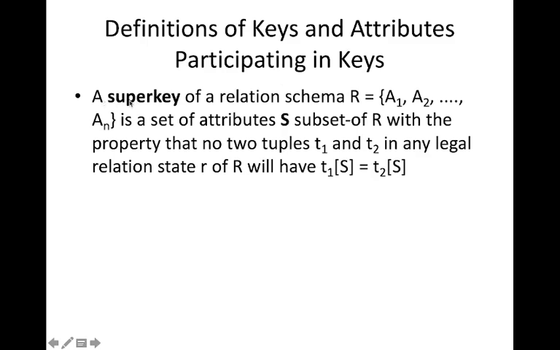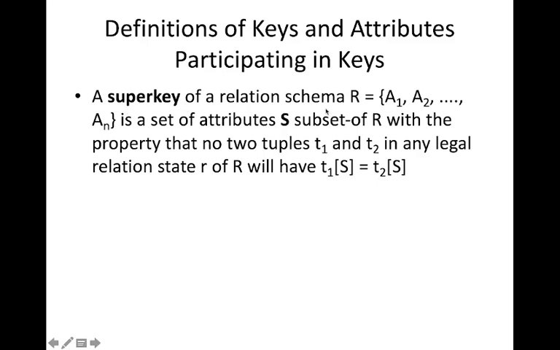So we'll see the first definition, the super key. A super key of a relation schema R = {A1, A2, ..., An} is a set of attributes S, a subset of R, with the property that no two tuples t1 and t2 in any legal state r of R will have t1[S] = t2[S]. We have already seen the super key.